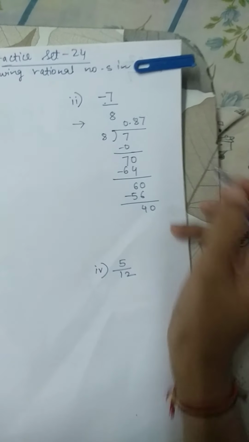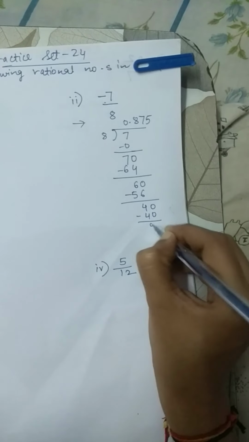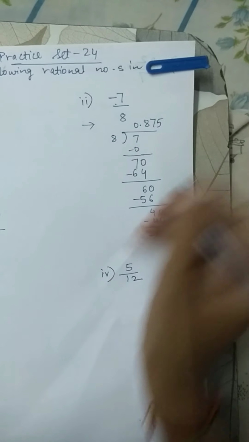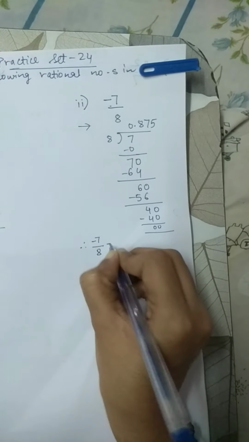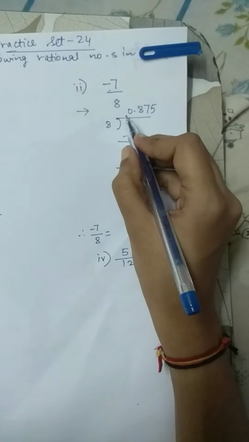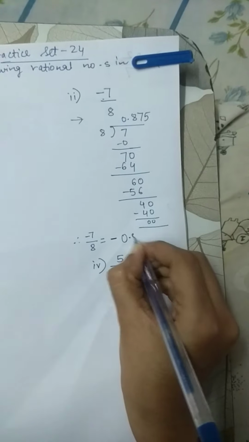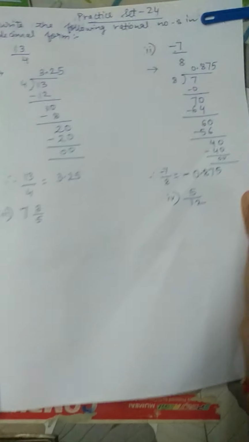Again we will take a 0. And 8 5s are 40. So the remainder is 0, so we will stop. Therefore, negative 7 by 8 is equal to negative 0.875.